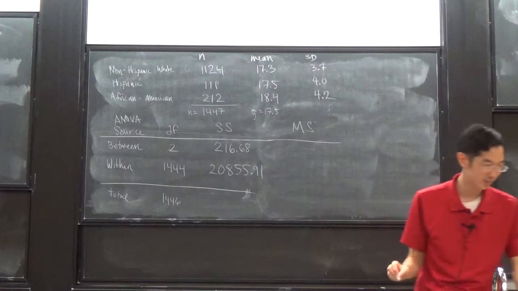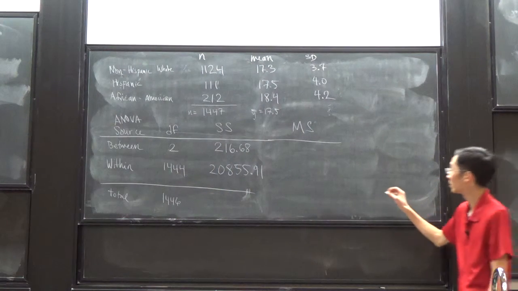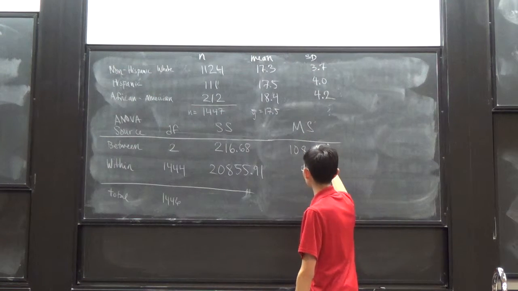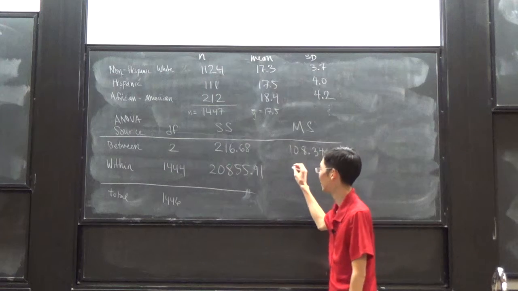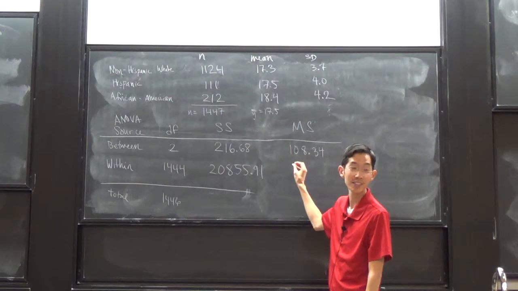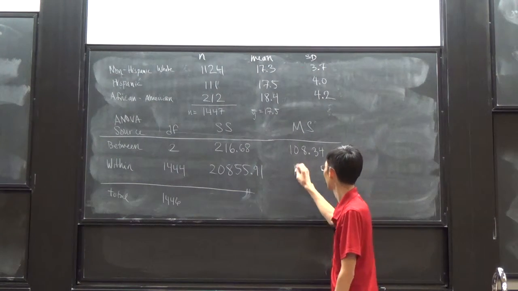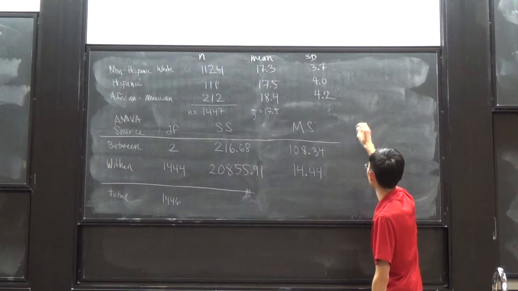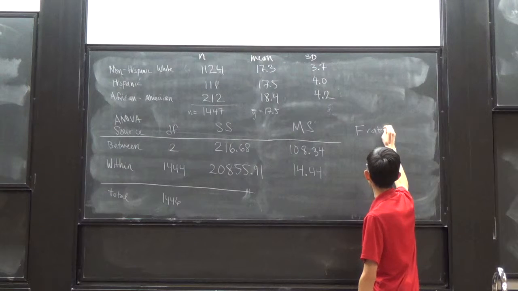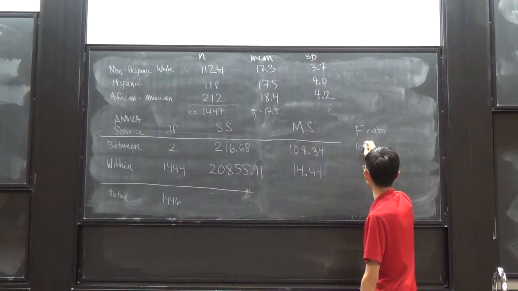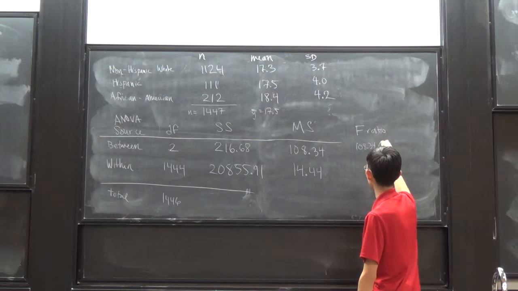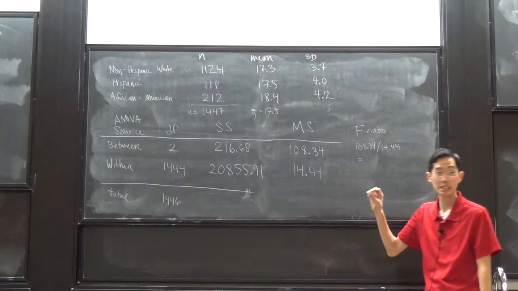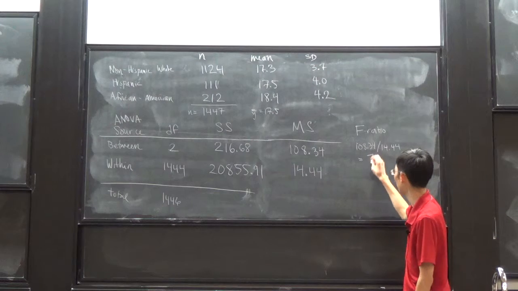What do I get? 108.34. And over here I would get 14.44. And so my F ratio would be 108.34 divided by 14.44, and that equals 7.5.